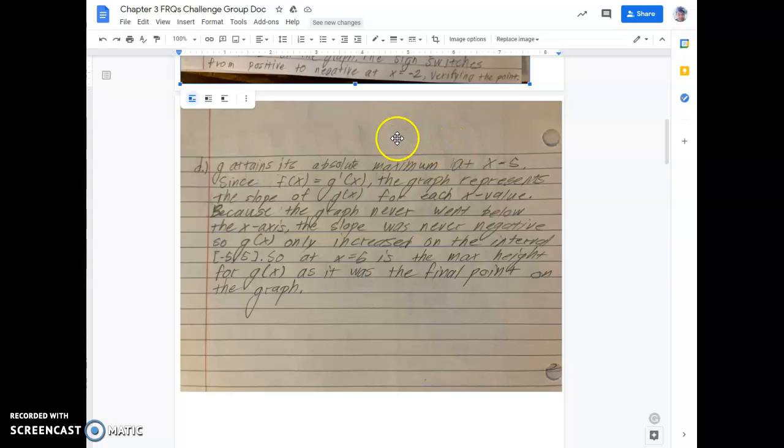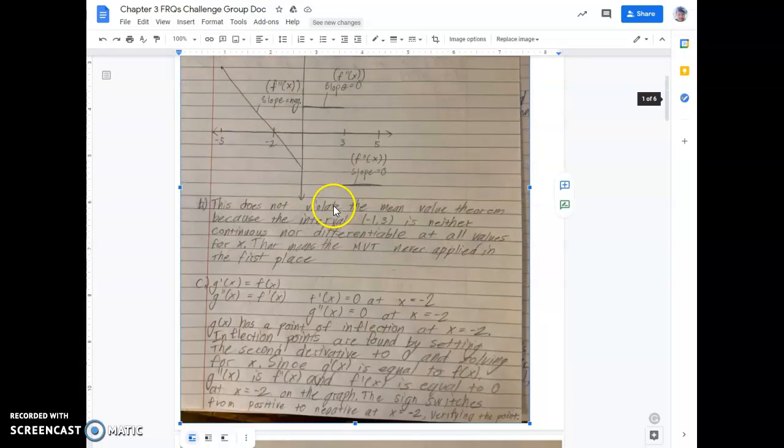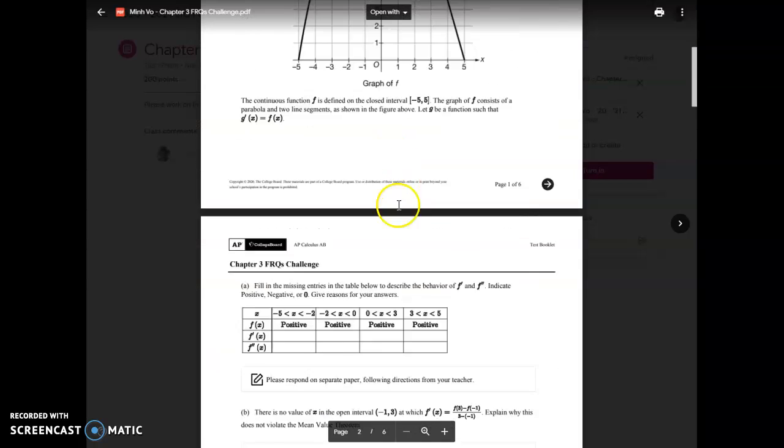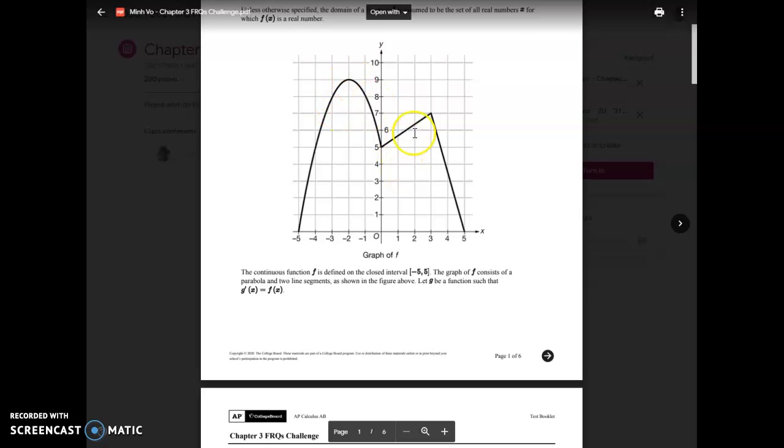And the reason why I said this was because of g of x, the original function, and then, the function we're not given a graph of, but we are given the graph of g prime of x, which is equal to f of x. So g prime of x is equal to this graph given right here.